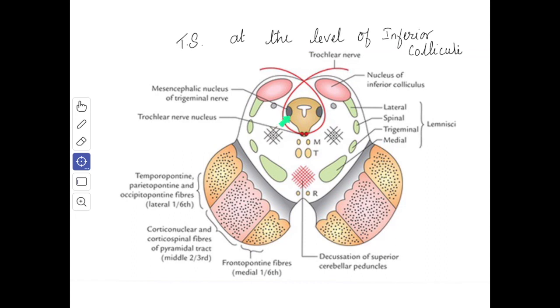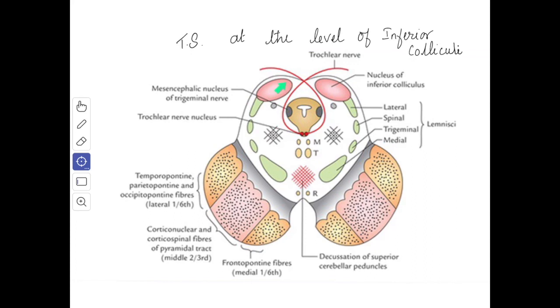The mesencephalic nucleus of the trigeminal nerve lies in the lateral edge of the central gray matter. It receives the proprioceptive impulses from the muscles of mastication, teeth, and ocular and facial muscles.